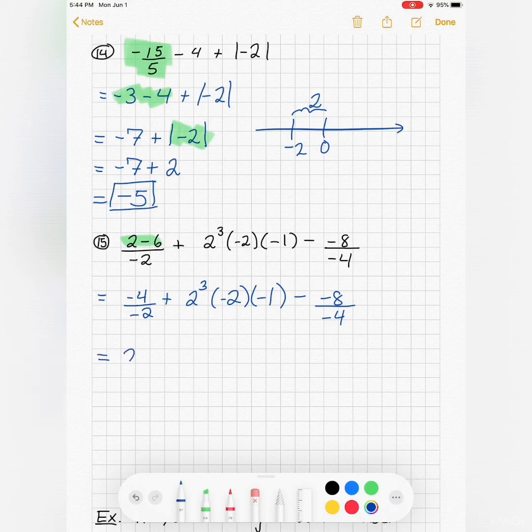Double negative, negative 4 divided by negative 2 is positive 2. Shall I do a little work here? What is 2 cubed? Remember that one? It's 2 times 2 times 2. So that's 8.